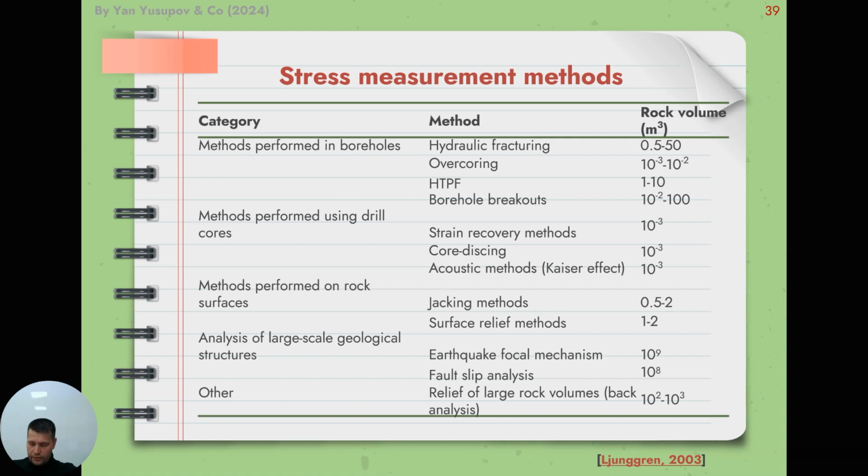The following methods belong to this category: statistics of measured data, core descent, borehole breakouts, relief of large rock volumes, acoustic methods, the Kaiser effect, the strain recovery method, and other methods. The methods also may be classified by operational type, as indicated by the rock volume involved in their use, and it's shown in a table on this slide.